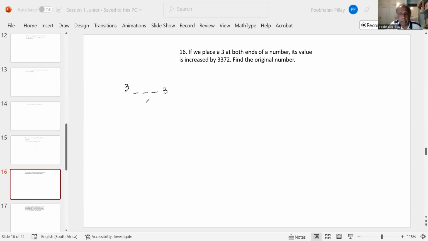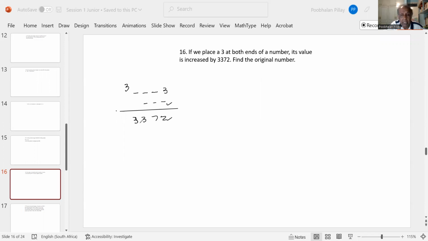Its value is increased. In other words, if I subtract these two, my answer is going to be 3372. Now, that means that when you add 3372 to this 3-digit number, you're going to get a 5-digit number.